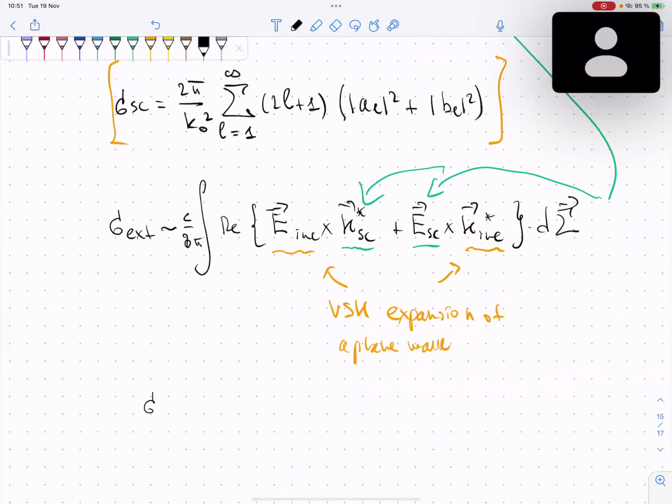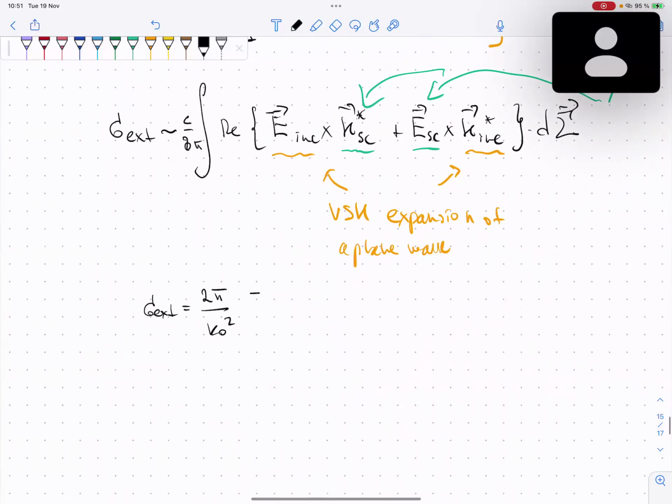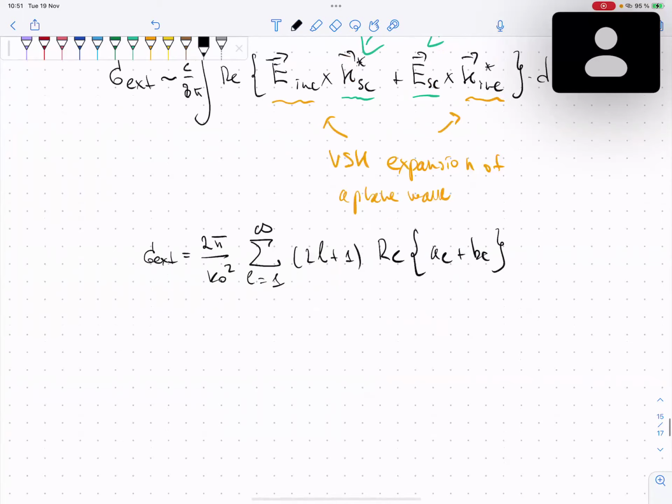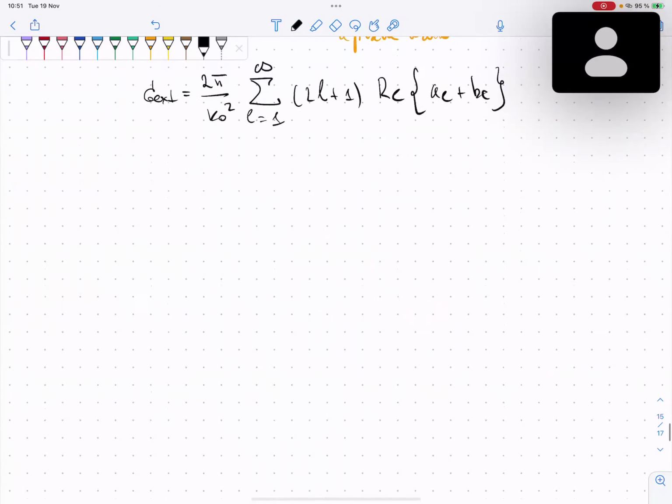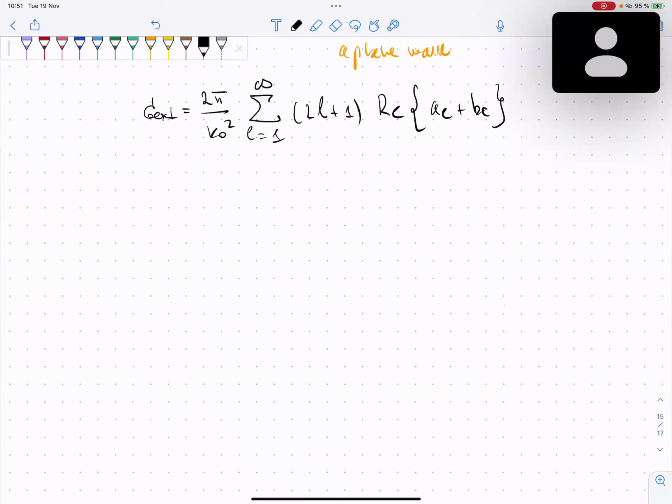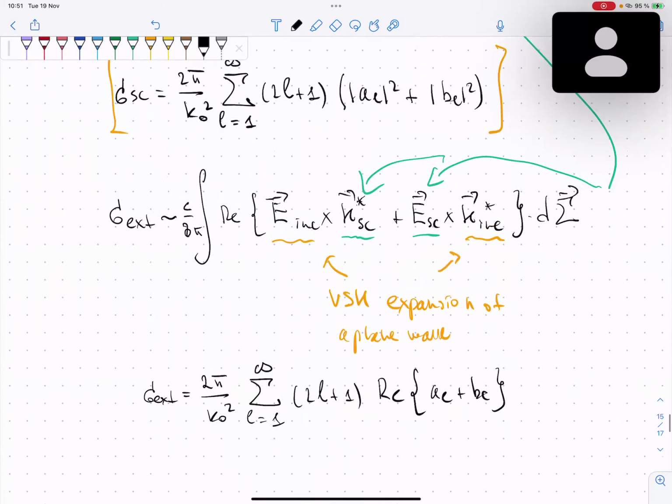Once again, we calculate these integrals over the products of vector spherical harmonics, and we get that the extinction cross-section can be calculated as 2 pi over k0 squared, sum from L equals 1 to infinity of 2L plus 1, but in this case only the real part of A_L plus B_L. So let me put it on a similar page here.